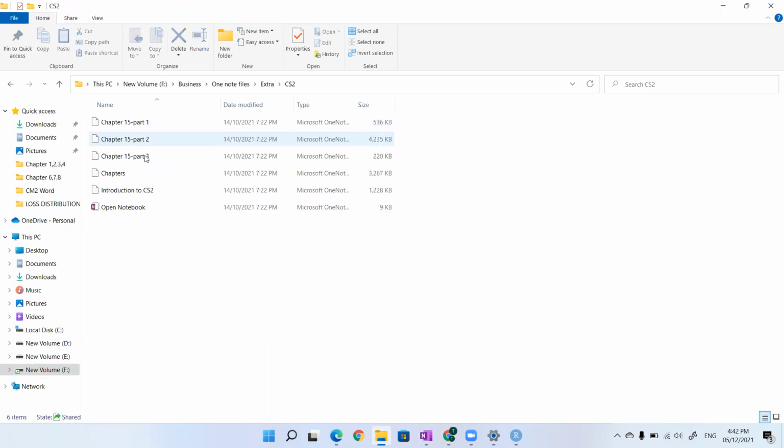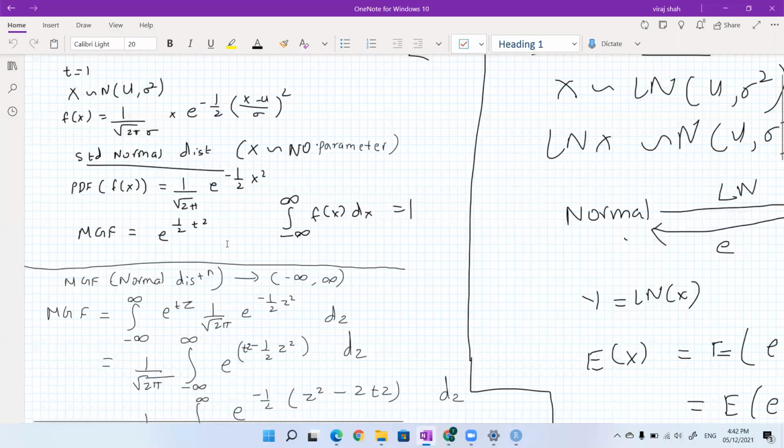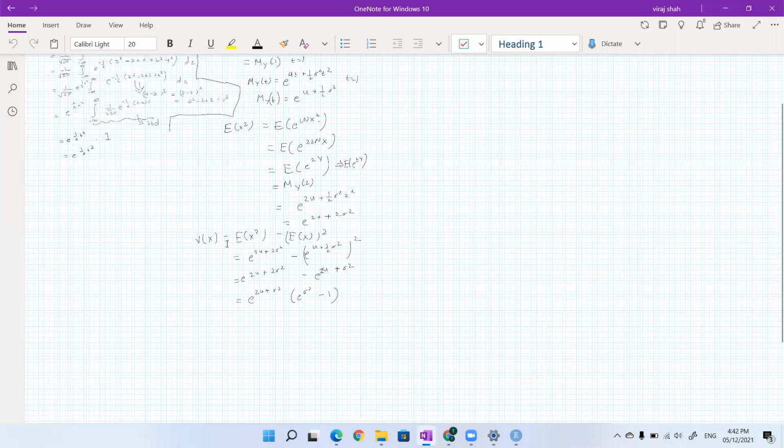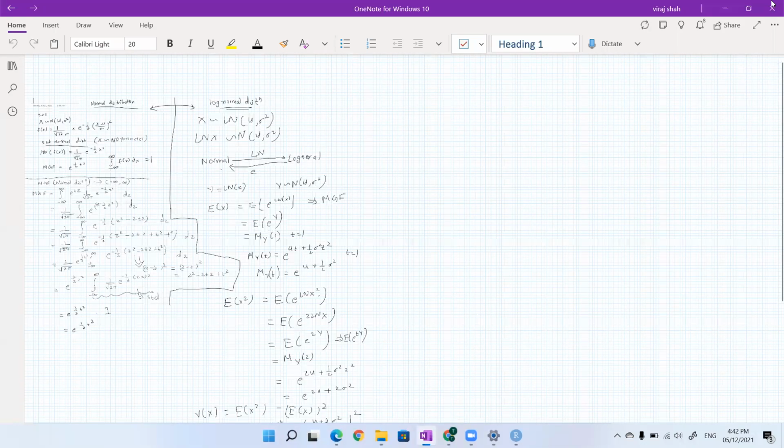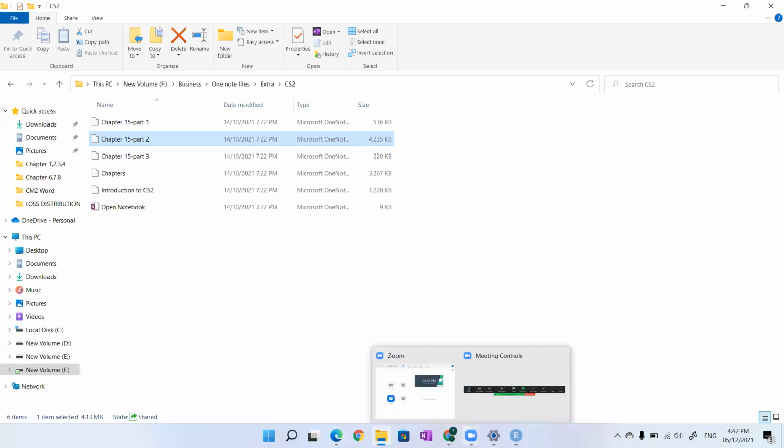Nope. I hope this would be here. Let's see. This is the MGF we saw. No, I don't know where it is right now. But okay, you can open your notebook and check it out now.